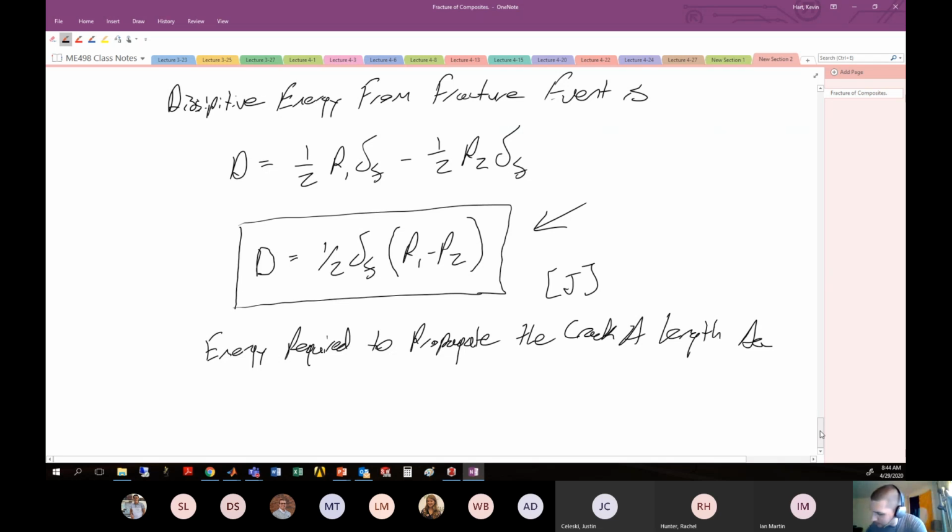We're not quite done yet with getting to our critical strain energy release rate, because we know that that's in joules per meter squared.